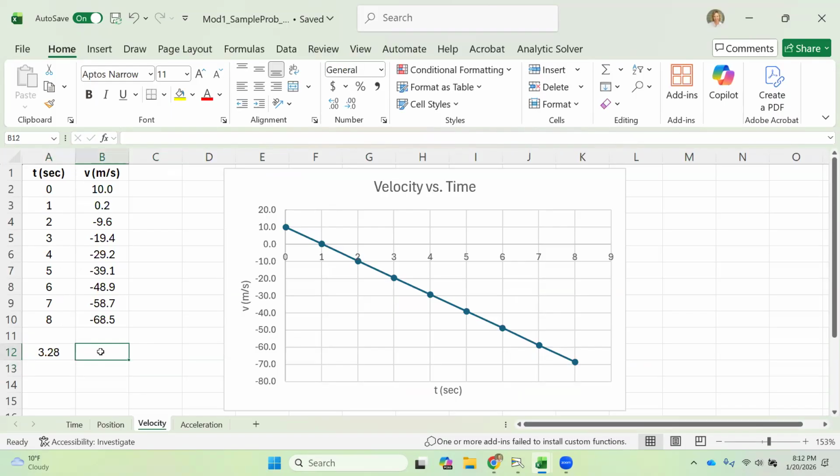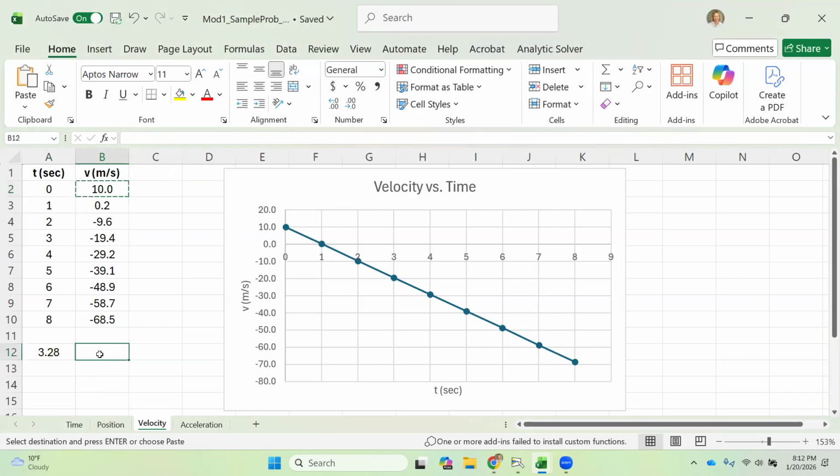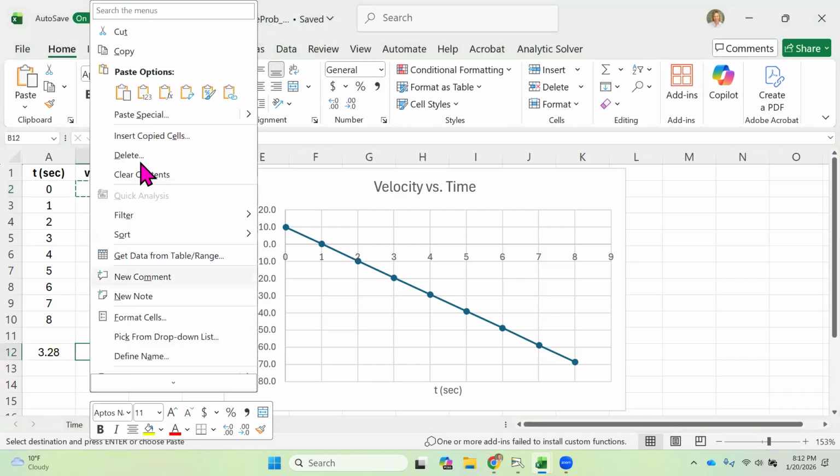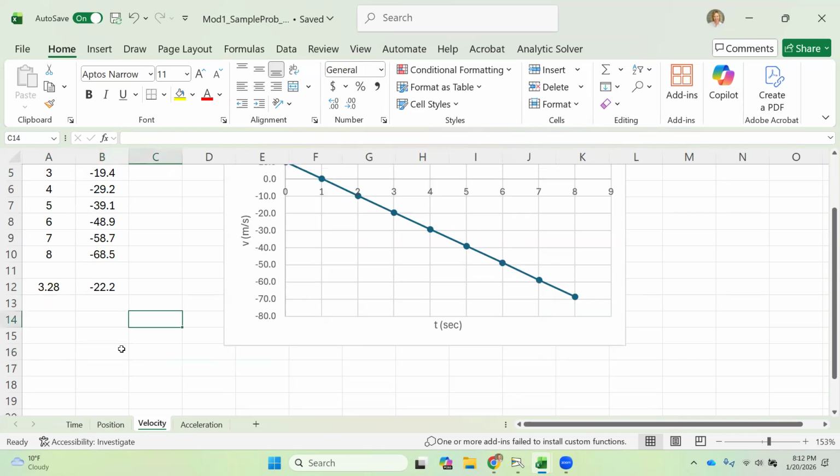And then for my cell here, I'm going to copy one of the values along that column for velocity. I'm going to say copy. And I'm simply going to go down right next to my time, and I'm going to paste that in position. There we go. And I get a negative 22.2 meters per second.